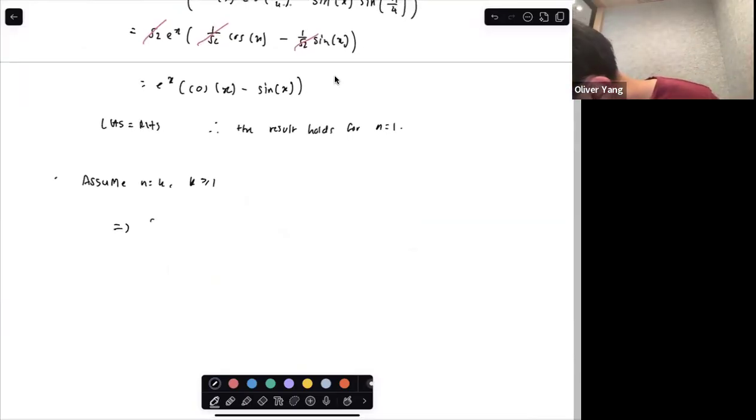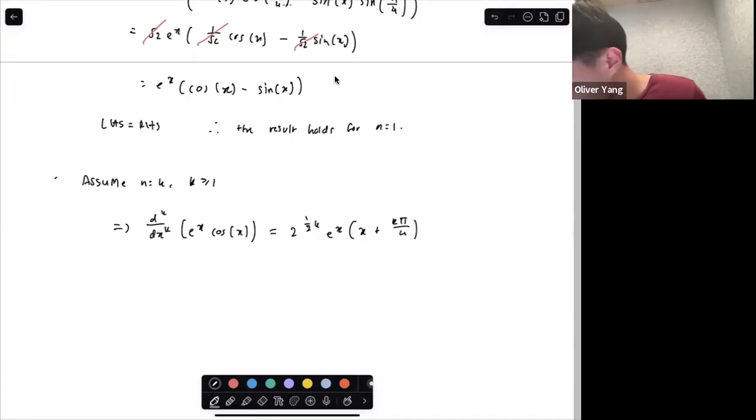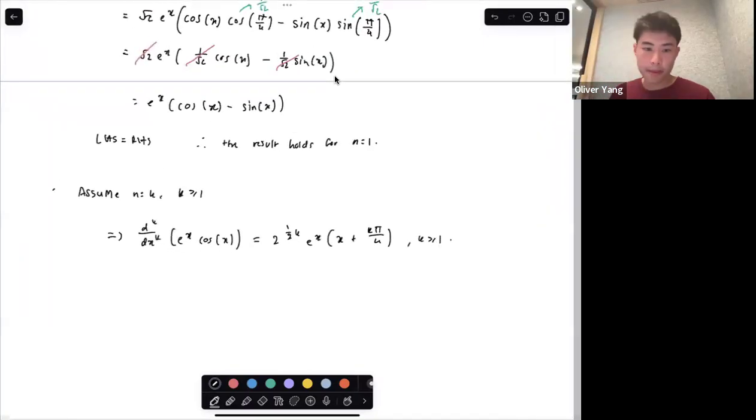Therefore our assumption is written as d^k/dx^k of e^x cos x equals 2 to the half k e^x cos(x + kπ/4). Okay, it's big enough.